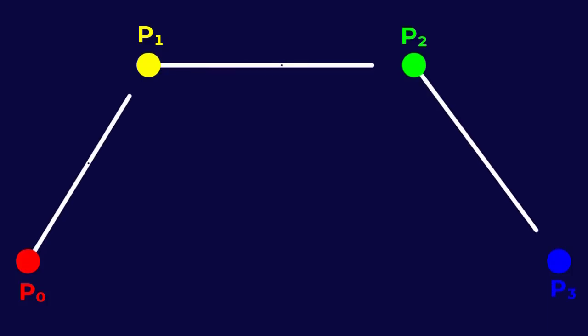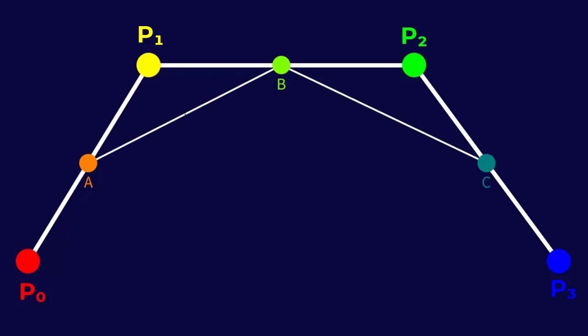Taking it a step further, we involve 4 points P0, P1, P2, and P3 connected by lines. Three additional points A, B, and C lerp along these lines. We then connect A, B, and C with two more points D and E, which also lerp between these points.